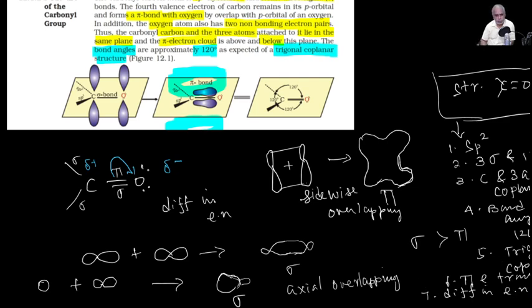So this aspect will be discussed in the next point, where we talk about this C double bond O, and there will be a transfer of pi electron. And because of this, you are able to get minus and plus. So this difference in electronegativity is to be noted. And due to the more electronegative oxygen compared to the carbon, there is a transfer of pi electron.